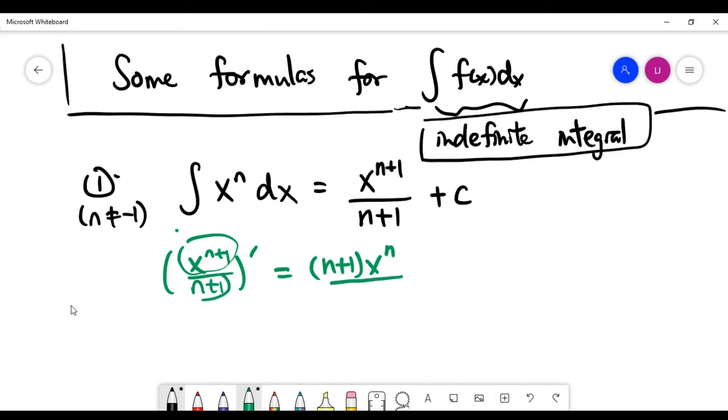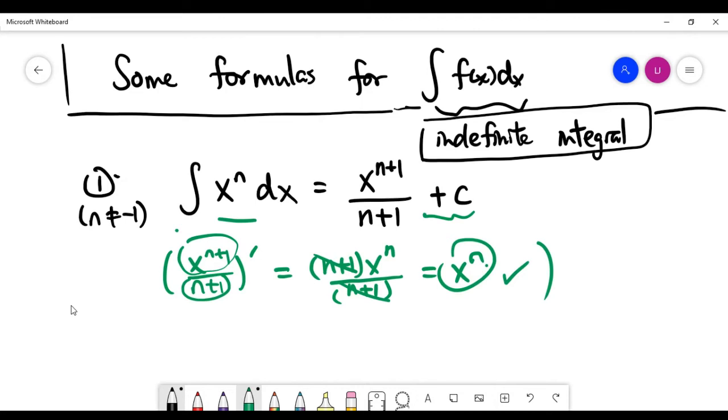And of course, the whole thing needs to be divided by another factor n plus 1. And of course, you can cancel the factor n plus 1. So you get x to the power n. And plus c is something you just have to add all the time whenever you're trying to find the indefinite integral, right? And so anyway, because I get back this function, we confirm that this formula must be correct.